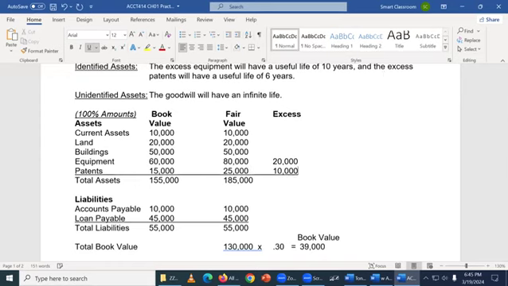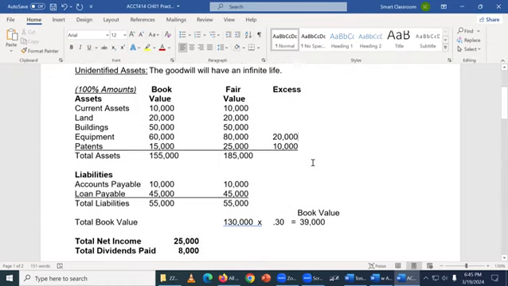Okay, so here's our excess. Now we don't get all of that, we get a share of those. So we get 30% of this, and we get 30% of this. Okay, so this is our share of it.